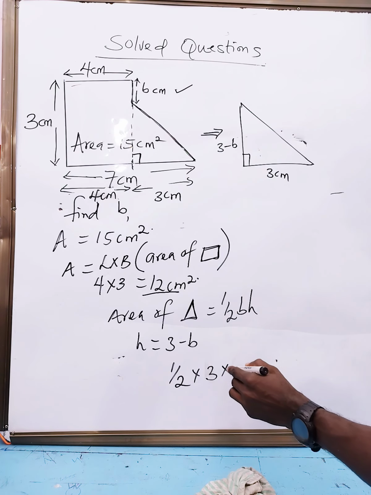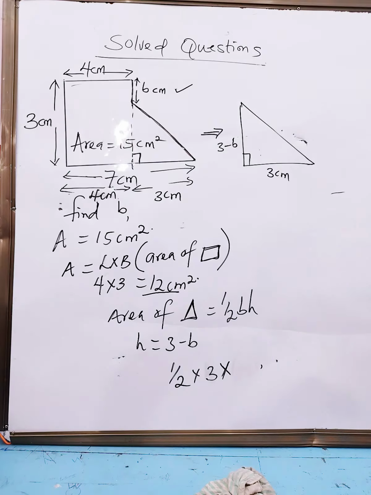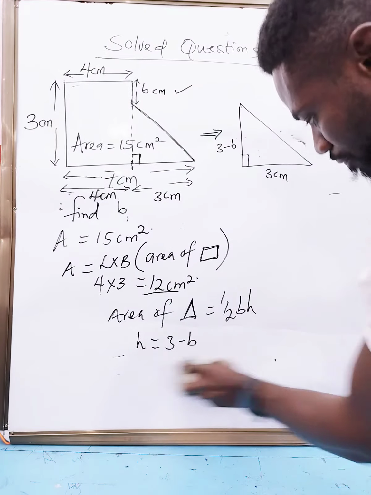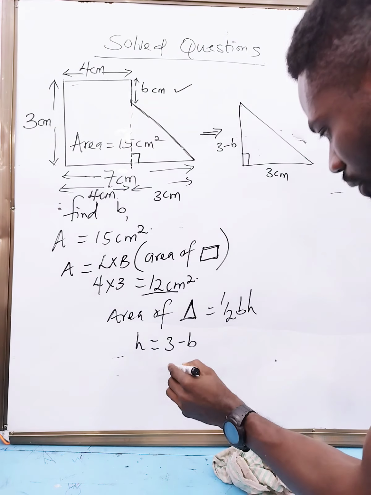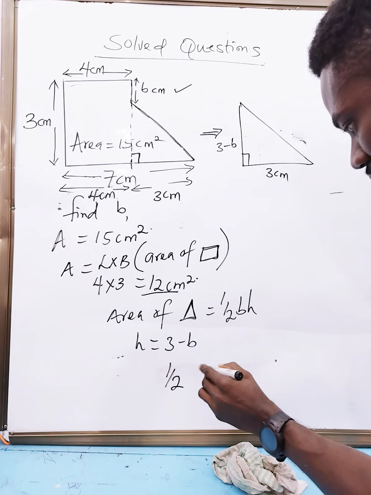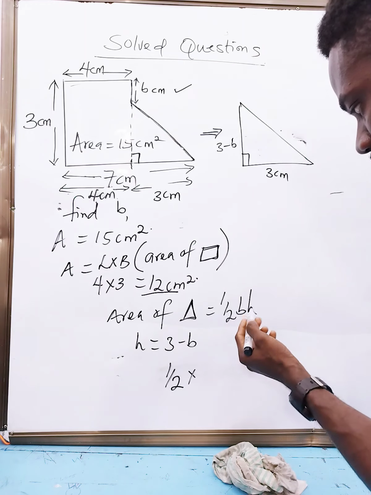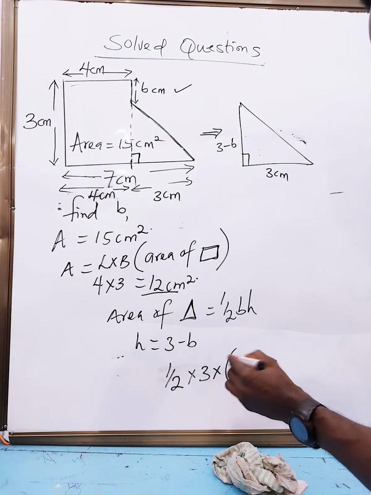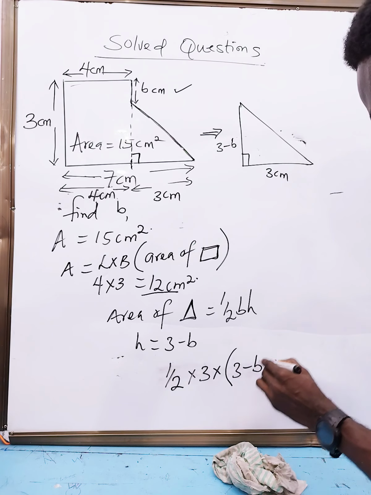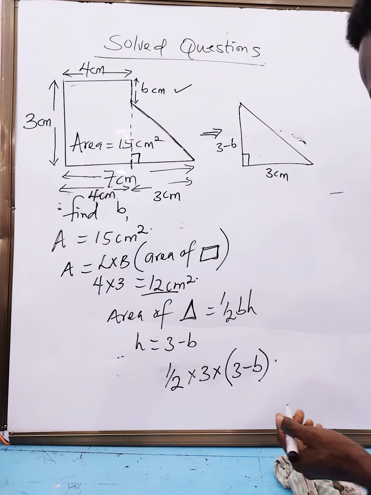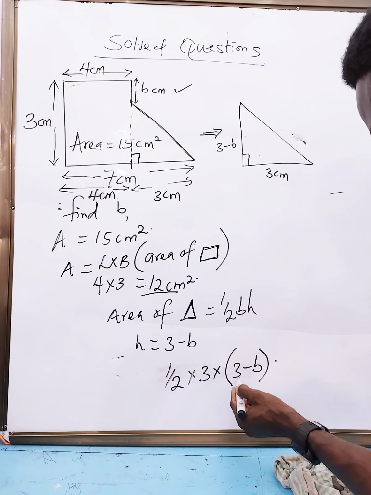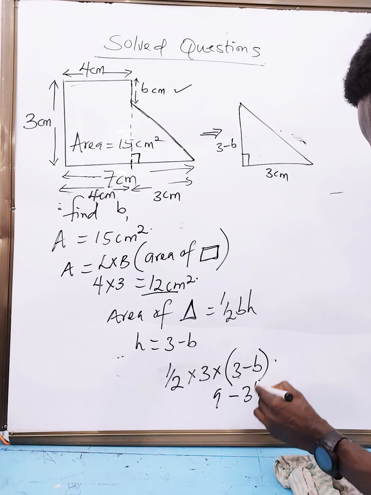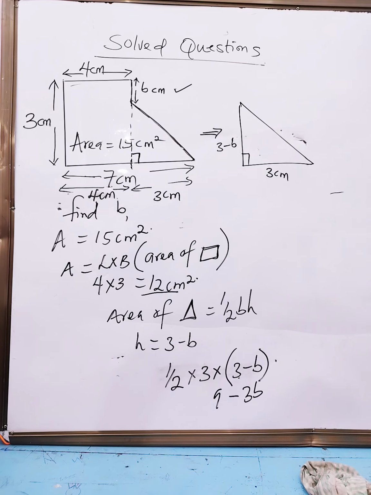If we are to substitute the values of b and h, we therefore have half times our base, which is 3, times 3 minus b. So let's quickly open the bracket. We have this times this, we have 9 minus 3b.